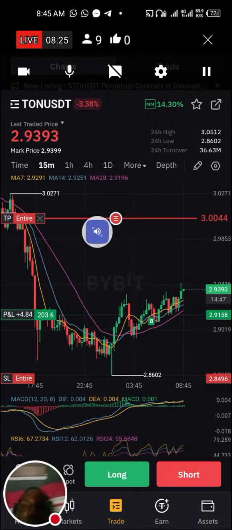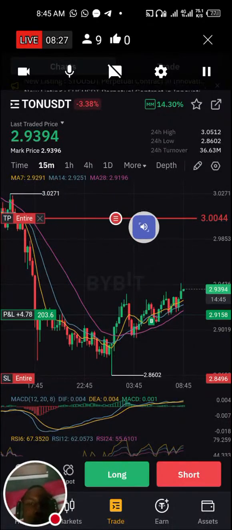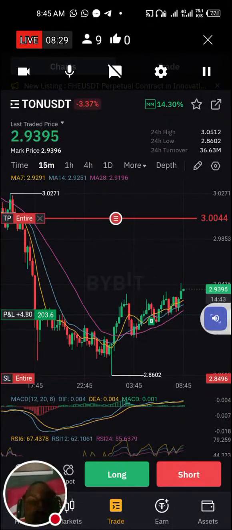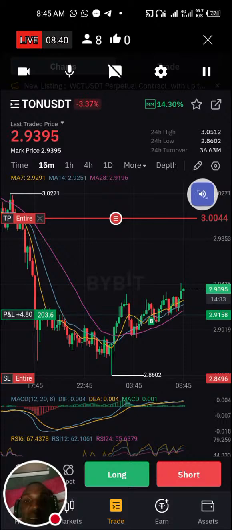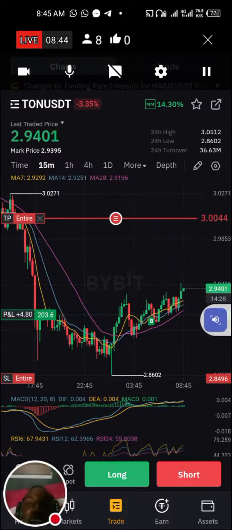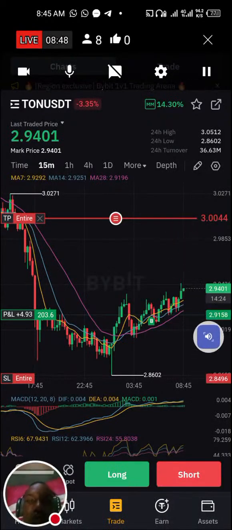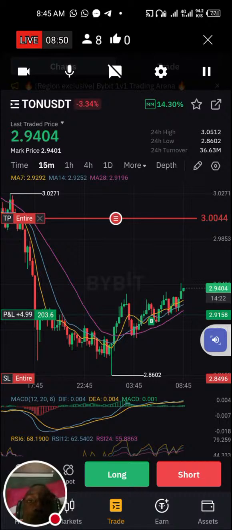As you can see right here is the resistance line, but I set my take profit here because sometimes the market will reverse after reaching close to the resistance line. The market will reverse before going up again, right? So I can decide just to put my own TP right here, so in case the market hits this line, my TP will execute before any retracement.